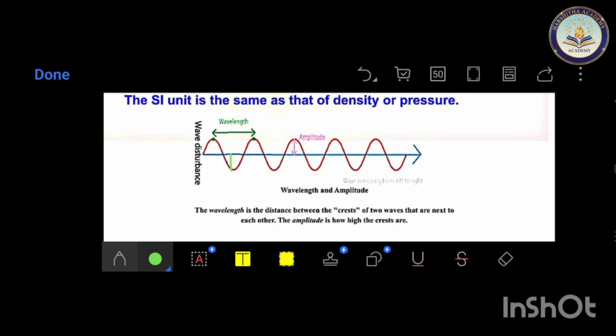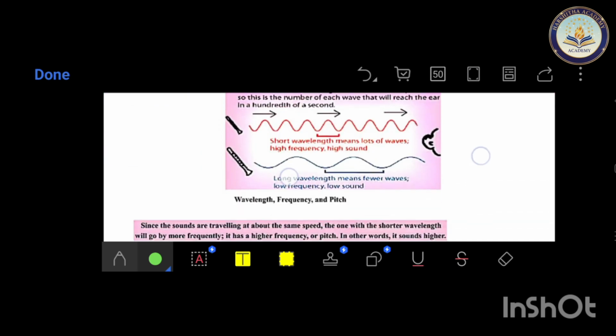This is the amplitude, and this is also the amplitude. We take a line at the middle of the wave, and the maximum displacement from this mean position is the amplitude. The wavelength is the distance between one crest and the next; amplitude is how high the crest is.